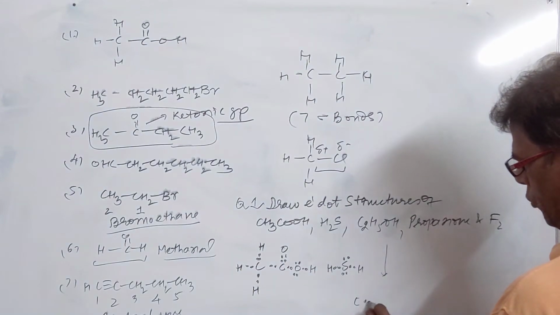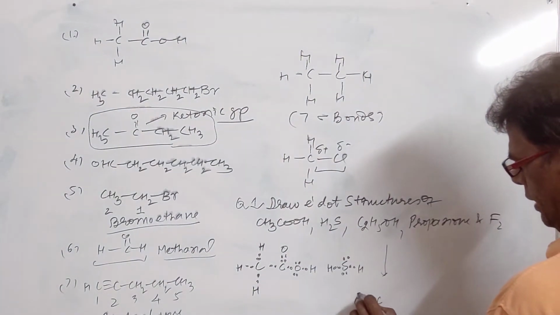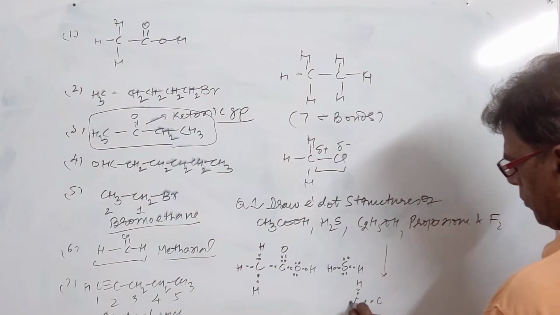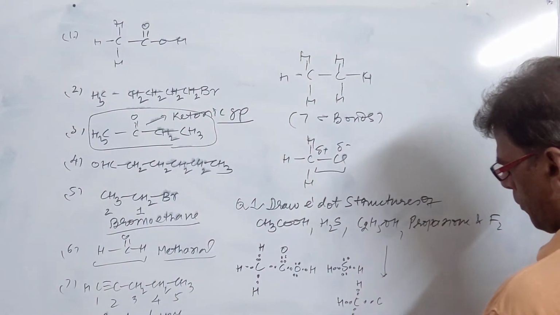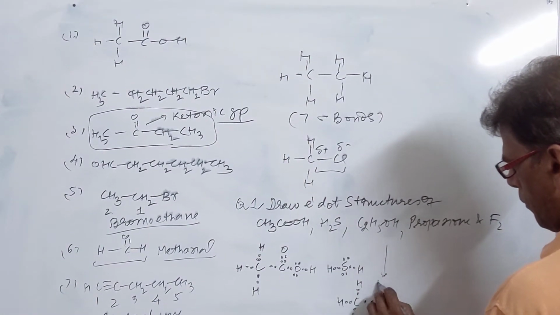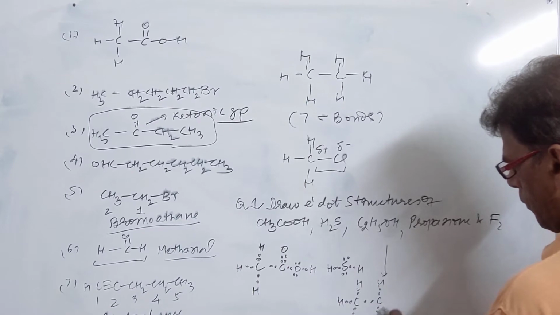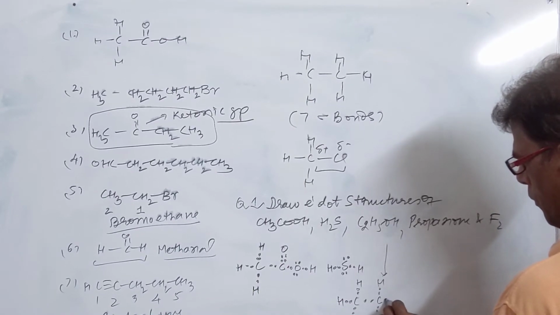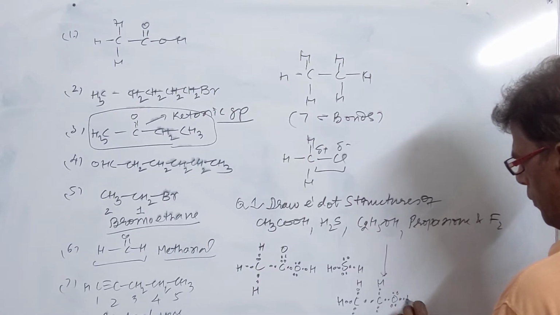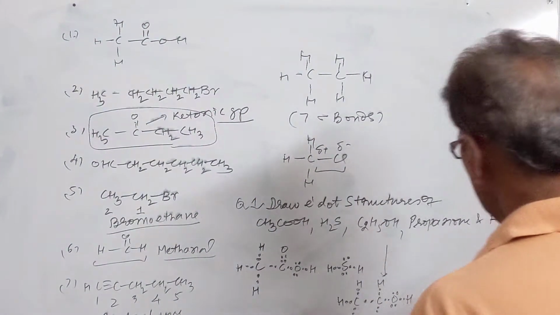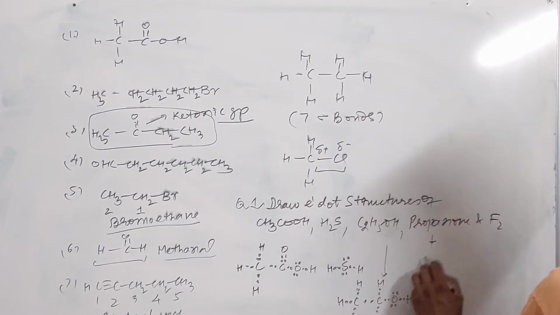Ethyl alcohol has a 2 carbon chain, and this carbon is having hydrogen. This is ethyl alcohol. Then we have propanol.